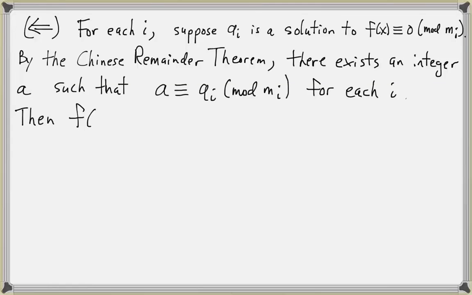Then when I plug in a into the function f, and I'm reducing mod mi, I can replace a with its residue ai. So f of a is going to be congruent to f of ai when I'm working mod mi, but ai is a solution to the congruence f of x congruent to 0 mod mi, so this will be congruent to 0 mod mi.